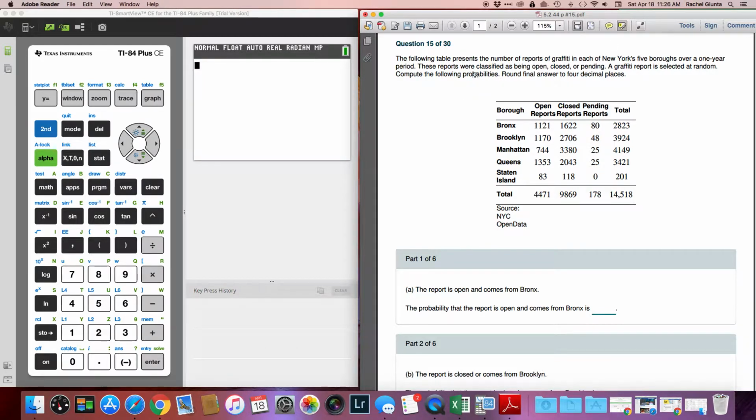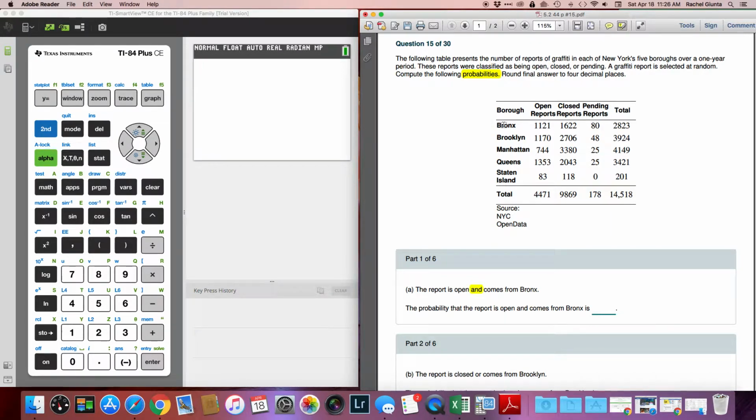So we're computing probabilities, so we're going to do part divided by the whole, and all of our numbers should be 0 point something. First one is the report is open and comes from the Bronx. If the keyword in there is and, you're just going to be looking for the one number in here that fits both categories.